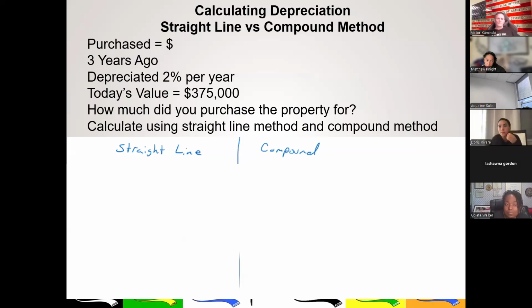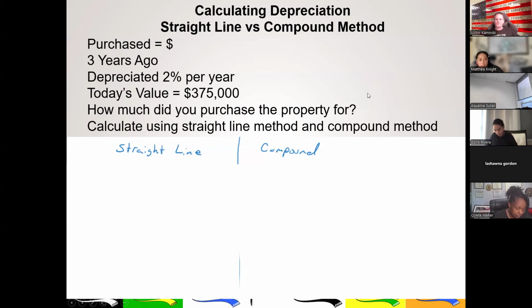Okay, so we're subtracting from 100%, right? And why are we subtracting from 100% instead of adding? Because it depreciated. It sounds like a good reason. So it's 100% minus 2% is 98% or 0.98.